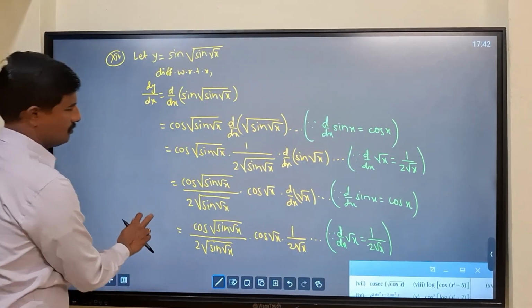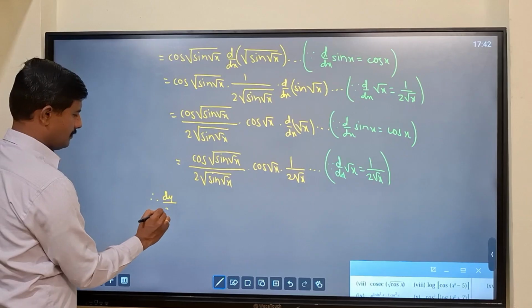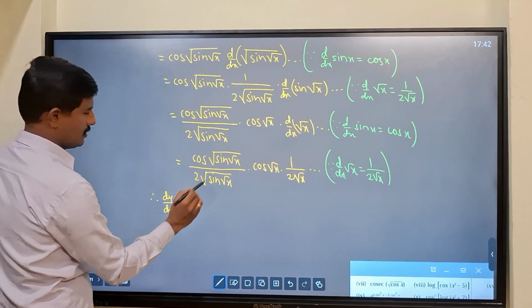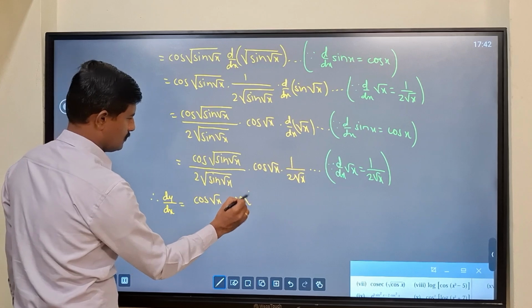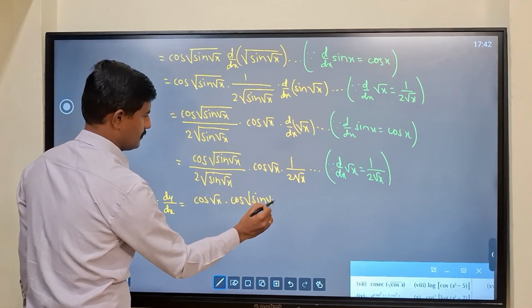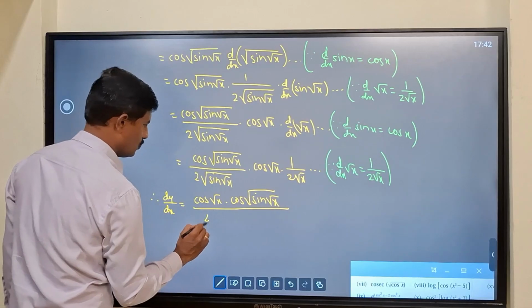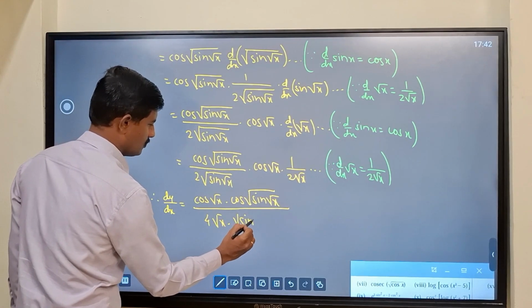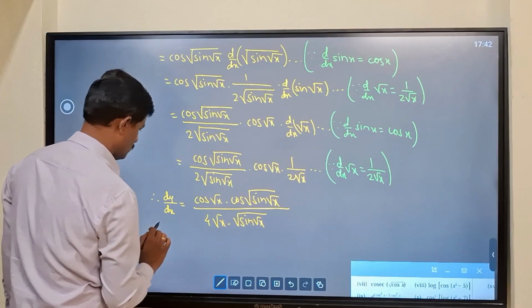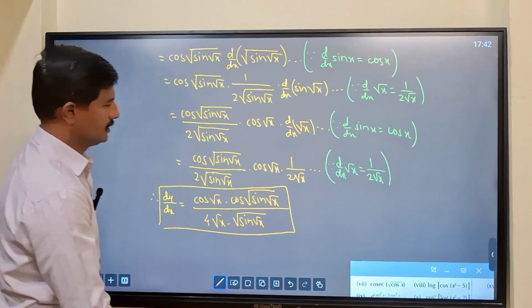Okay, now rearrangement. Therefore, dy by dx is cos of root x into cos of root of sine of root x, upon, this 2 into 2 is 4, root x into root of sine of root x. And this is your answer.